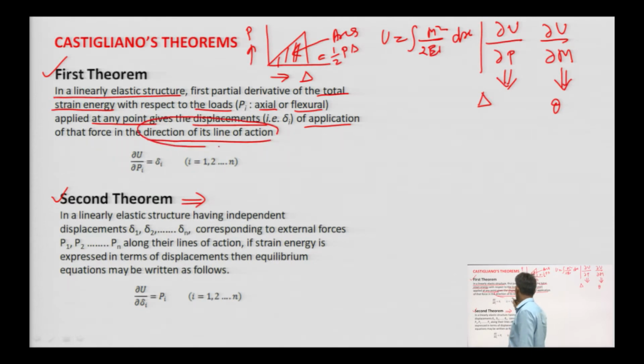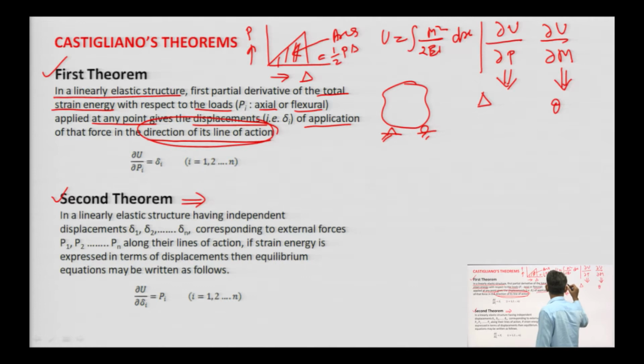It is more important. What does it mean? If this is the system and a force is acting at this point, then suppose this is the displacement. The displacement will be measured along the direction of the force, the same line of action of the force.